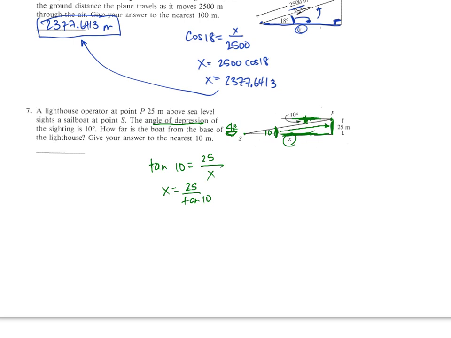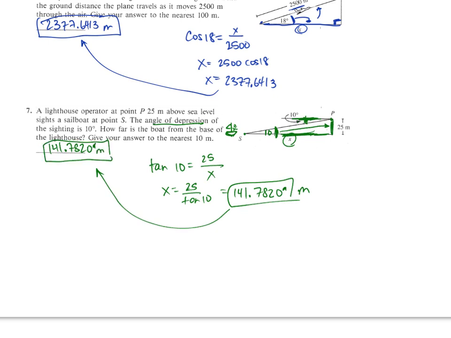So let's work this out. 25 divided by the tangent of 10 comes out to be 141.7820, sorry, not degrees. This is in meters because we've got a ground distance there. So this is meters. Be careful with that. Sorry, my mistake.